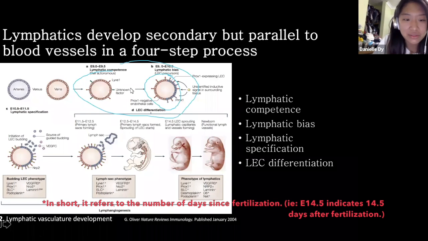From 0 to 9.5, you get an initial expression, and then shortly after, a day and a half later, you see the expression of another one. When you get to 14.5, that's when you have the functioning lymph. So that's all the E represents, the time from embryo to developing, if that makes sense.